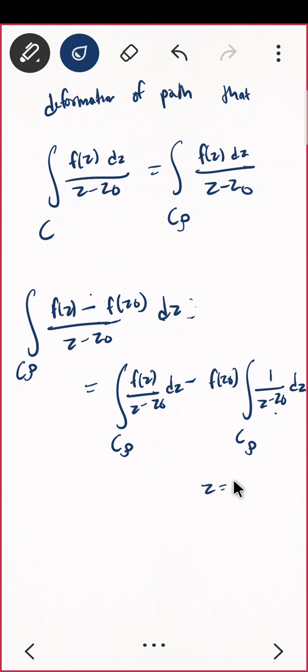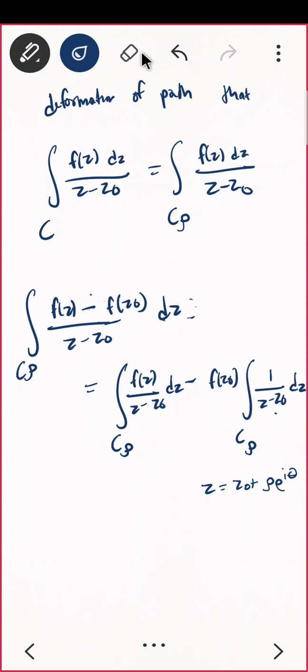Put z equal to z naught plus rho e raised to I theta. You substitute and that's it. Take the derivative, and you will see that you get the answer easily. It will be 2 pi I actually. I think I even did this part at the start. If you use this as a substitution, okay?